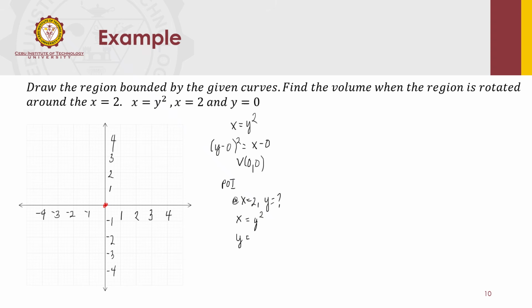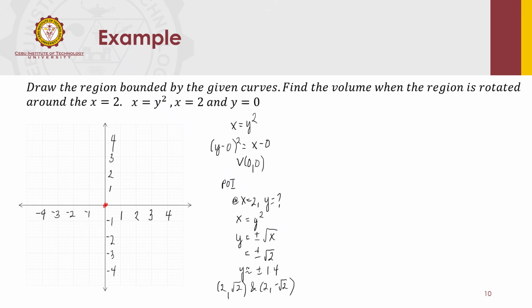Solving for y, it's positive and negative square root of x, so positive and negative square root of 2, or in decimal form, approximately 1.4. So we have 2 points: 2, square root of 2, and 2, negative square root of 2.